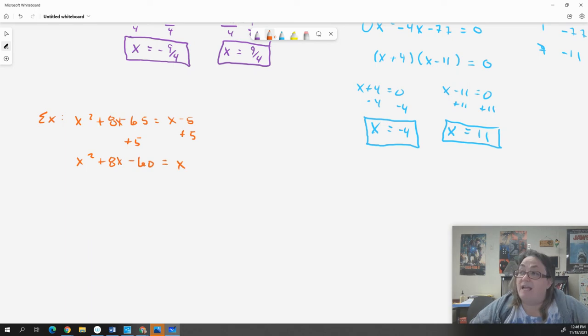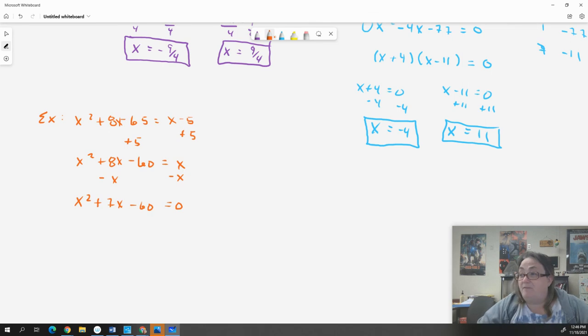But we still have this x here, so we're going to have to subtract that out as well. I always like to line it up with whatever I'm subtracting it from. So I have x squared plus 7x minus 60 equals 0. And so now I'm set equal to 0.